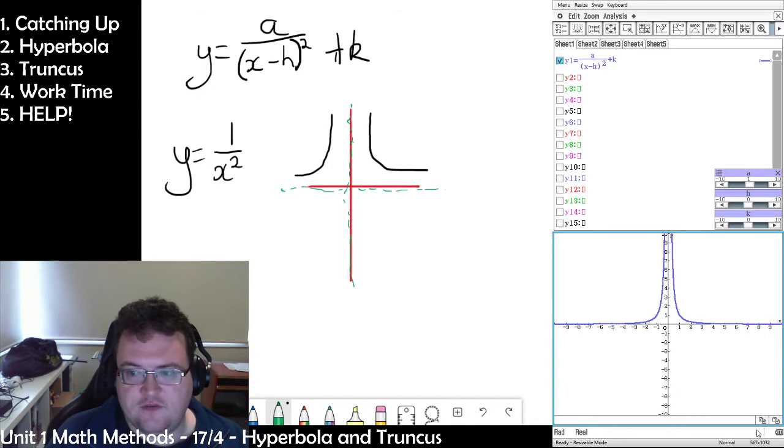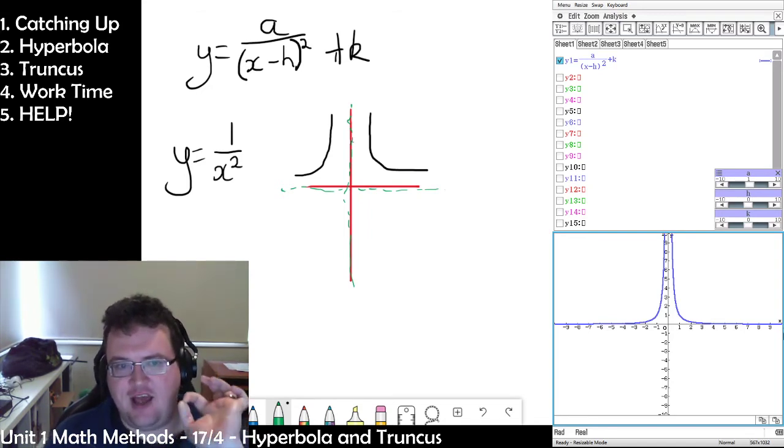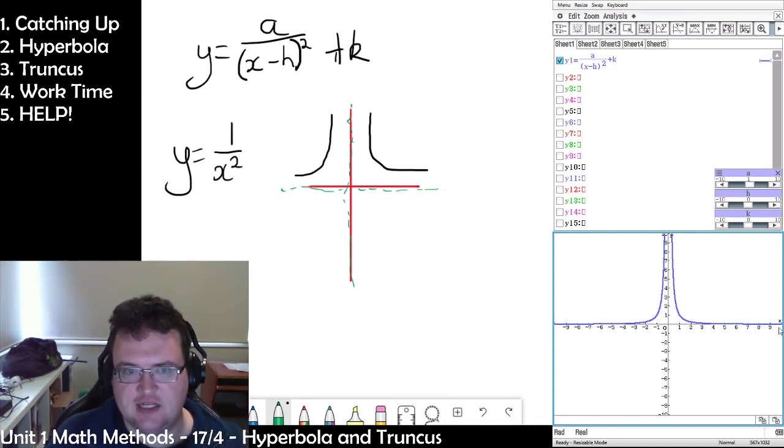Now my graph starts in the bottom here, goes all the way up, hits the other asymptote, comes all the way back down. I say hit, but it never hits. It gets infinitely close, but it never ever touches that asymptote.